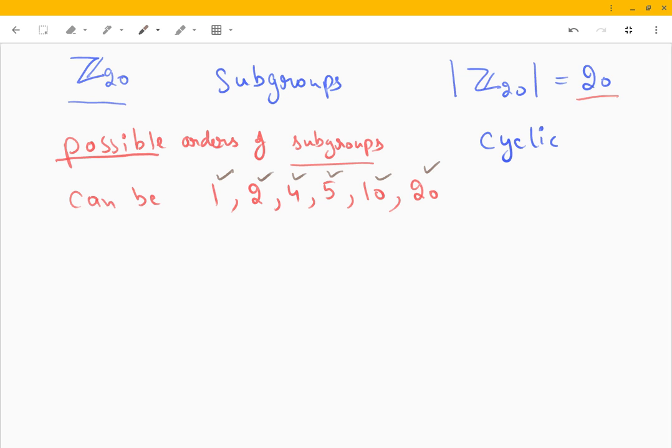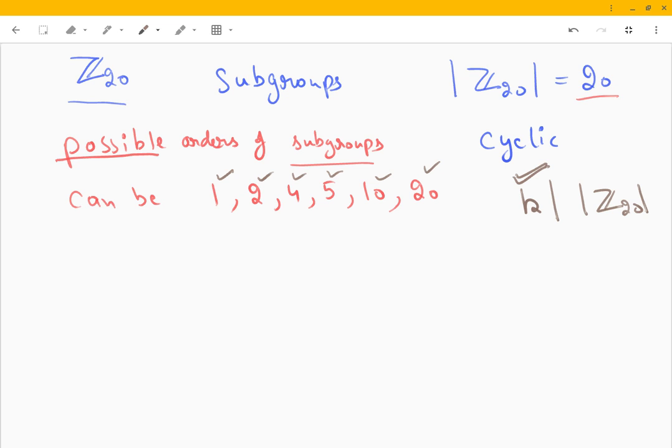I hope you know this: subgroups will be of order k, where k divides the order of the group itself. But it is not necessary that we will definitely find a subgroup of that order. Okay, in this case, we will find a subgroup of all these orders.